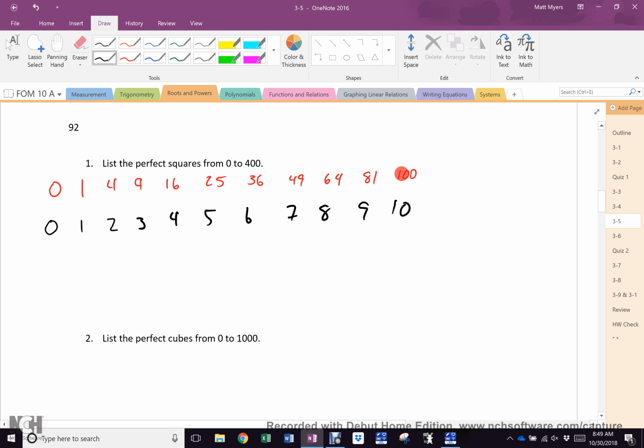What's the next one? +21, which would be 121, which would be 11. What's the next one? It's going to be +23, which is 144, 12. And so on.